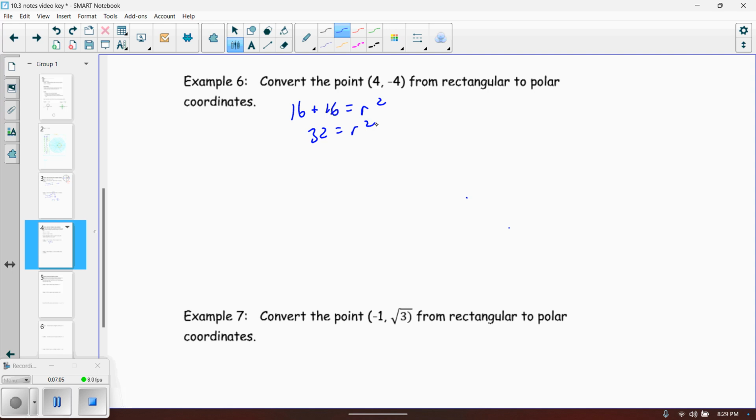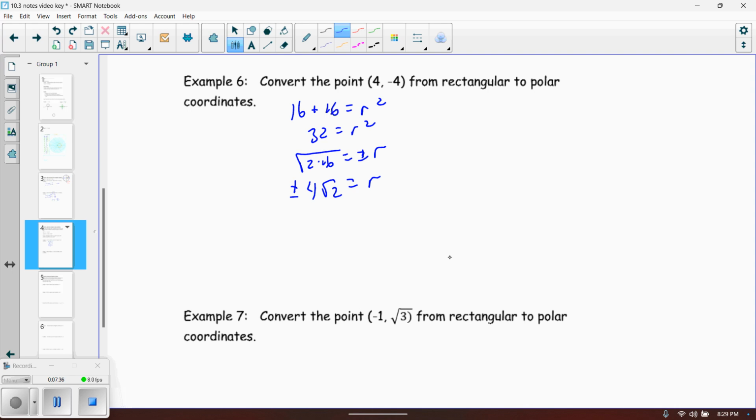equals r squared. Now, if we have to do this exactly, then we're just going to make 32 2 times 16 when we take the square root. So we're going to do the square root of 2 times 16 equals plus or minus r. The square root of 2 is not simplifiable, so we'll just do the square root of 16, and we get plus or minus 4 root 2 equals our r.